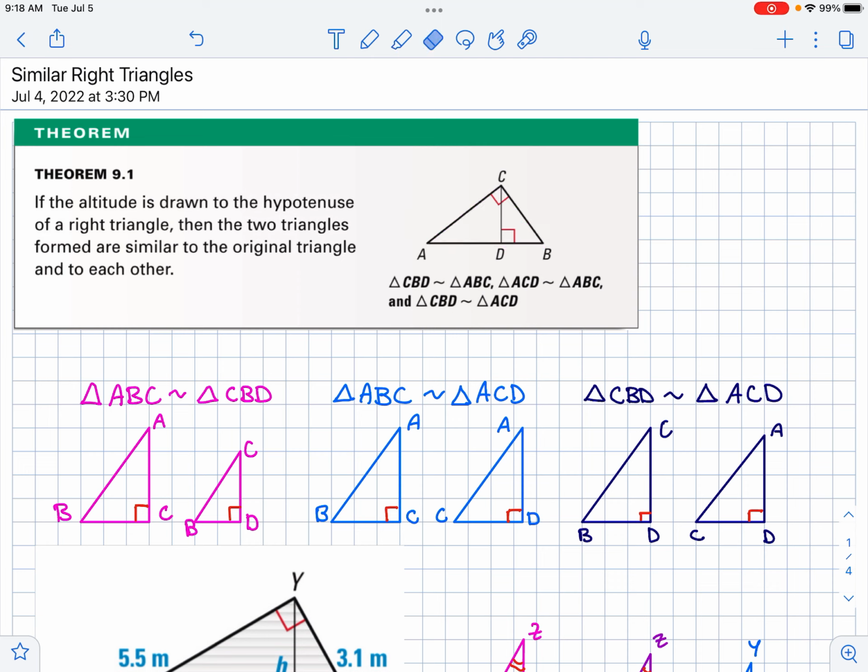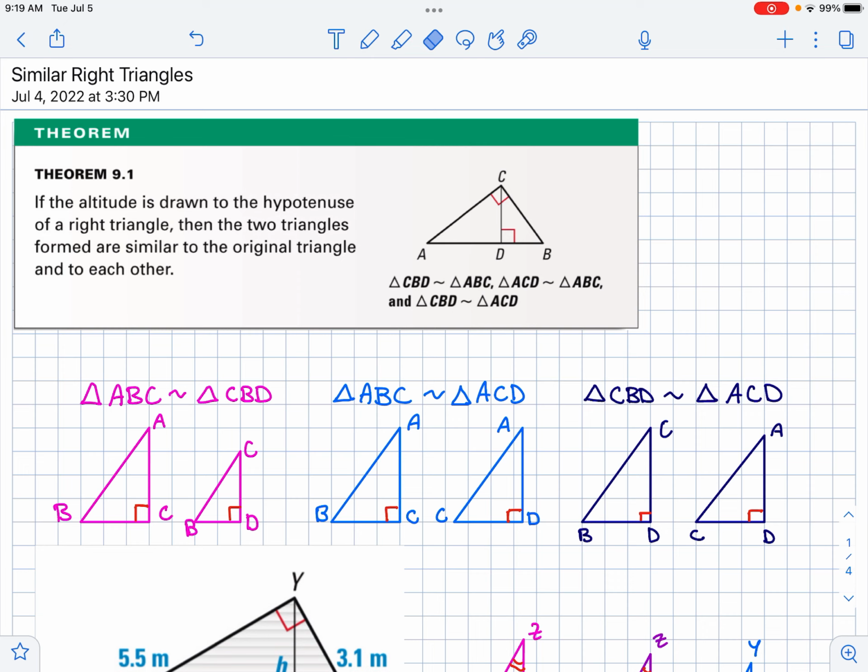But you also have BDC, so in other words, you have this triangle over here. Now, I've drawn over here ABC and CBD, just so that we could see the corresponding components.